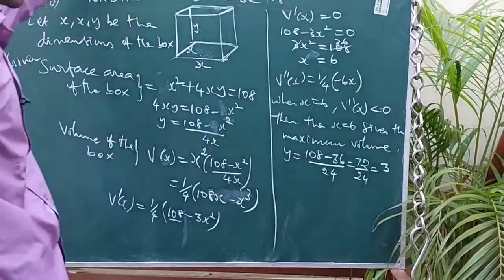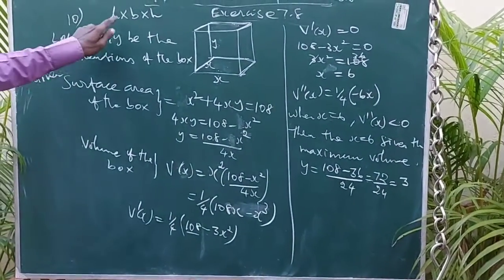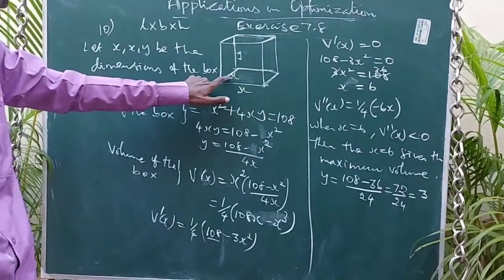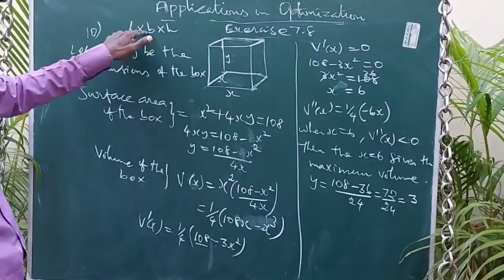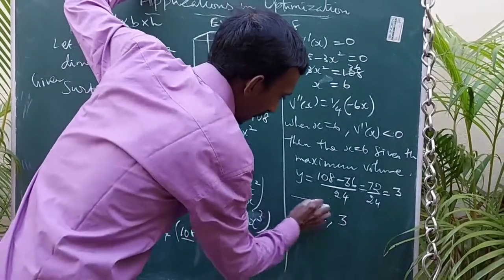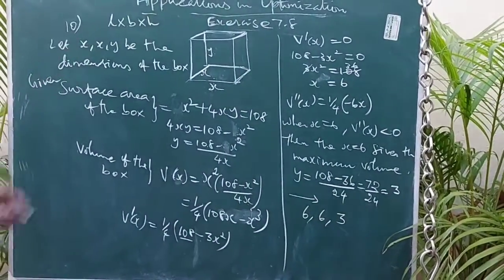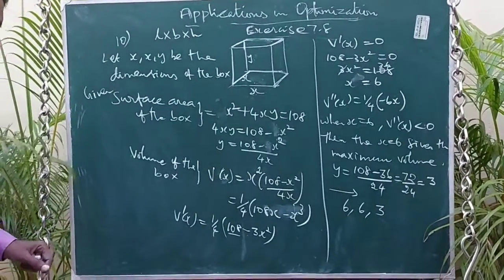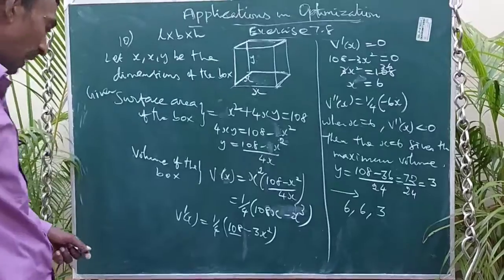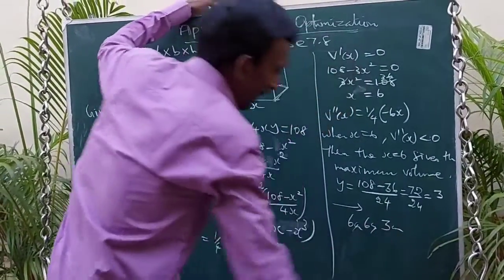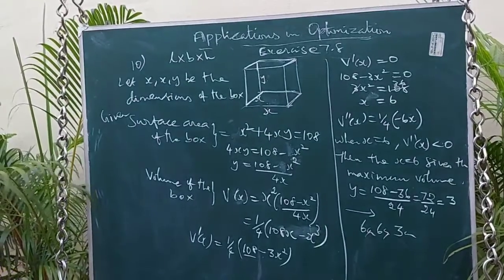Okay, so we are getting 3. So the dimensions are length into breadth into height, but the square base means length and breadth are equal. So the dimensions are 6, 6, 3. Here the unit is, I think, centimeter: 6 centimeter, 6 centimeter, 3 centimeter. They are the dimensions.